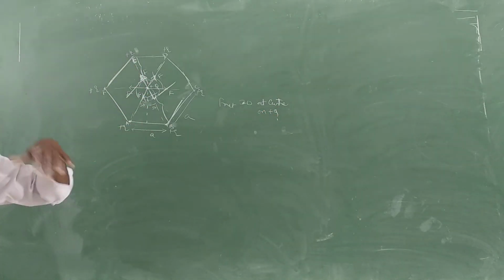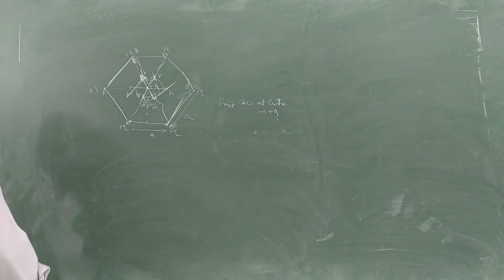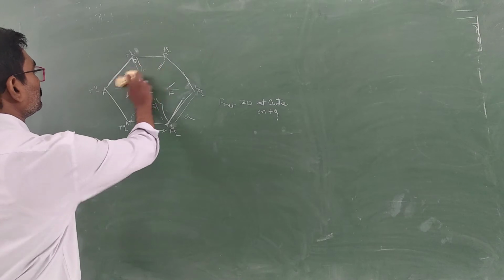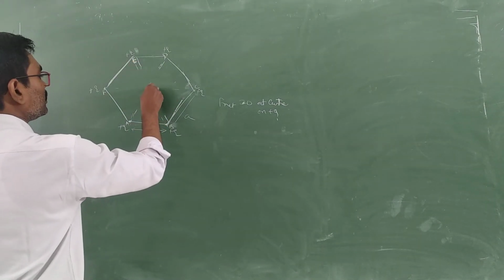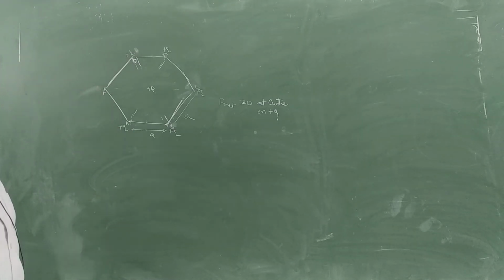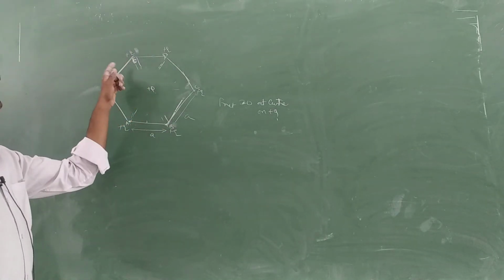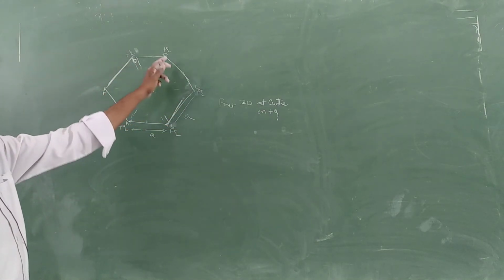Suppose I remove any one charge, look at this now. Here plus Q is there. I remove the charge at F. I have totally 6 corners, but I placed only 5 charges: 1, 2, 3, 4, 5.